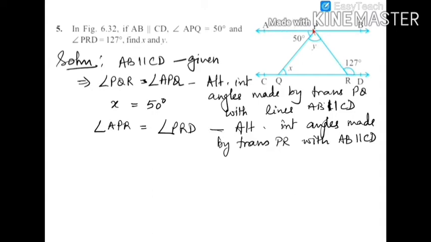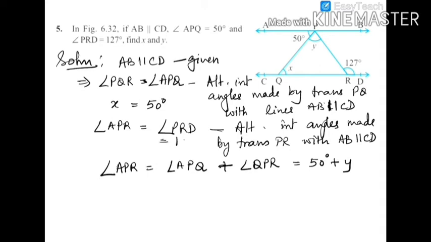But angle APR is made of two angles, APQ and QPR. Angle APR is equal to angle APQ plus angle QPR, which is equal to 50 degrees plus Y. And angle PRD is given in the question as 127 degrees.